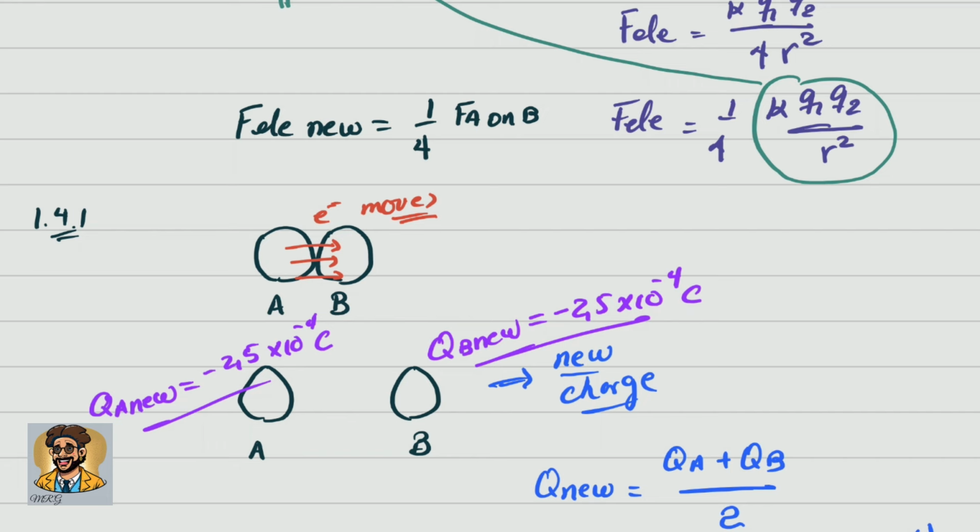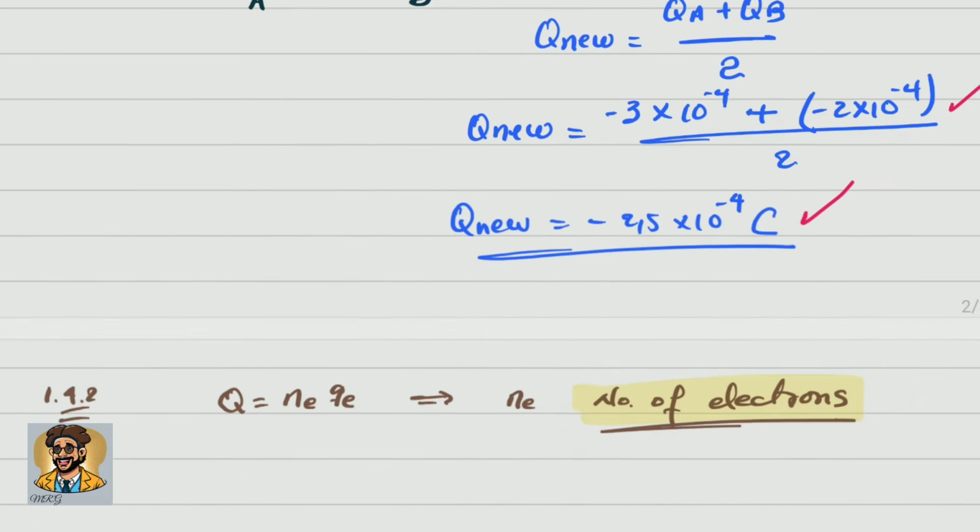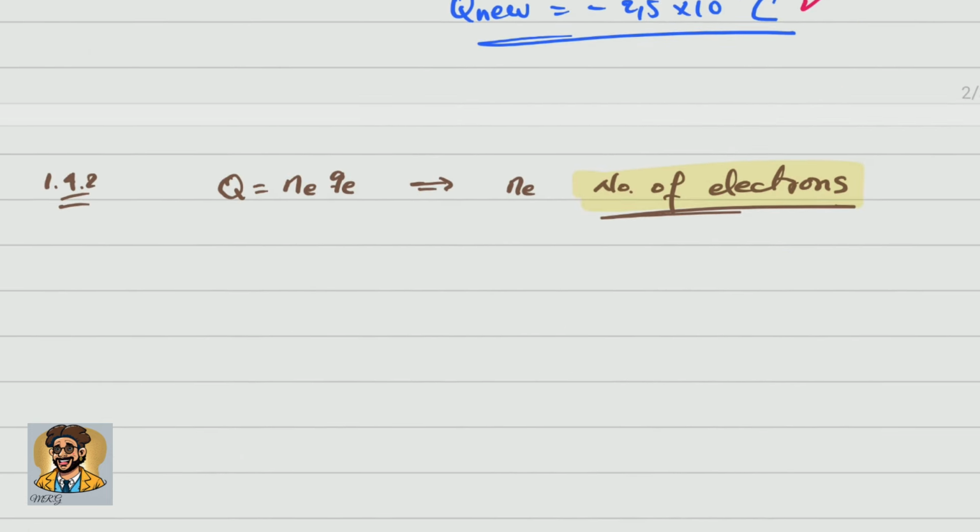So how many electrons were moved from A to B? That is the question here, which is a little bit tricky, because in this case we are not just speaking about the charge, but we are rather speaking about the change in charge. So this charge here is going to be the change in charge.